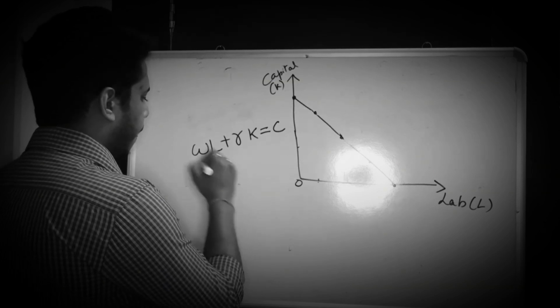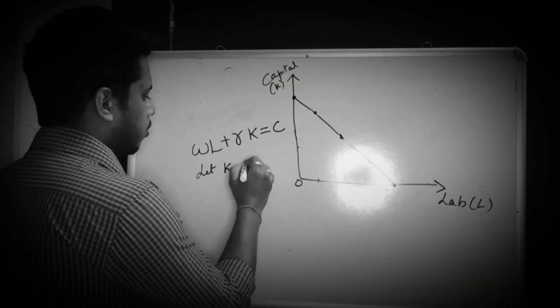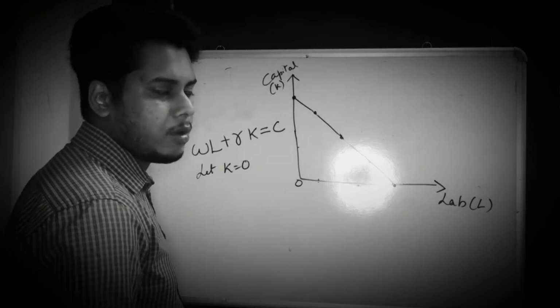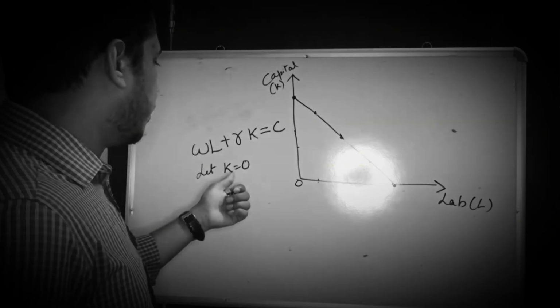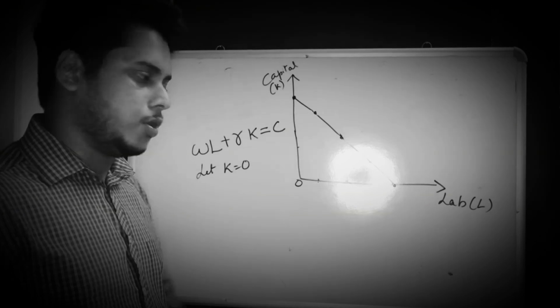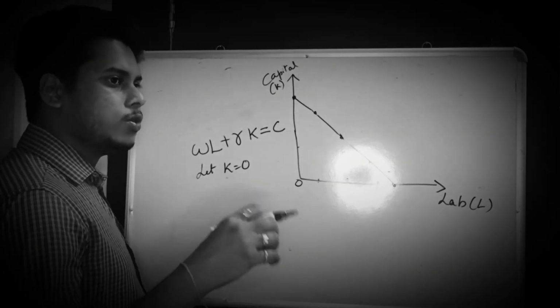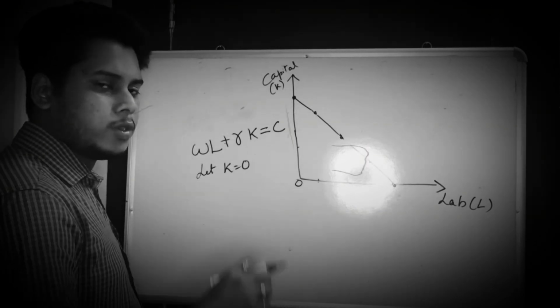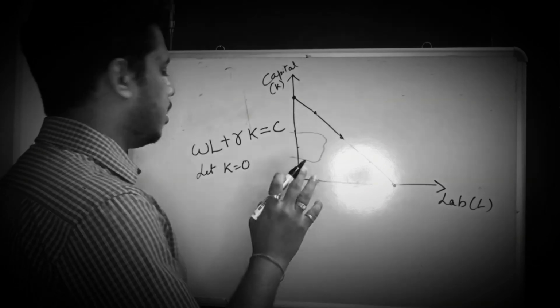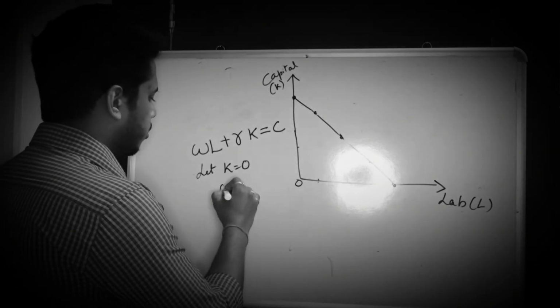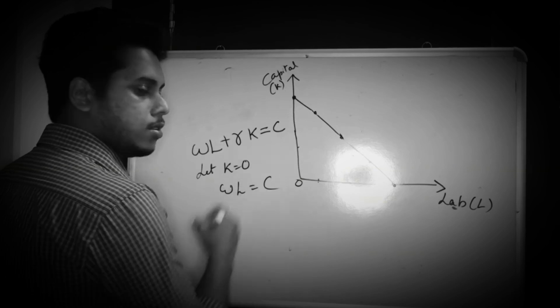Let K equals to 0. That means we are not using any amount of capital. Capital is used 0 units. We are entirely producing the output using labor only. Then our equation will look something like this.